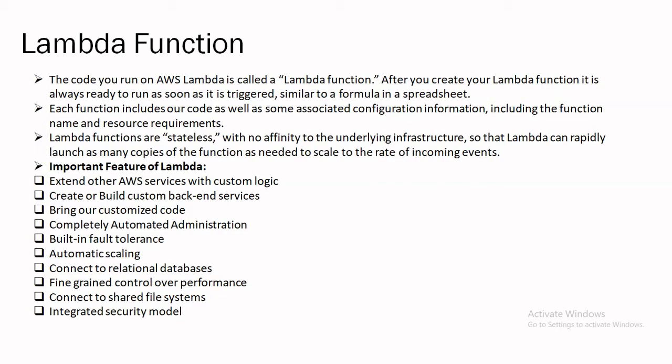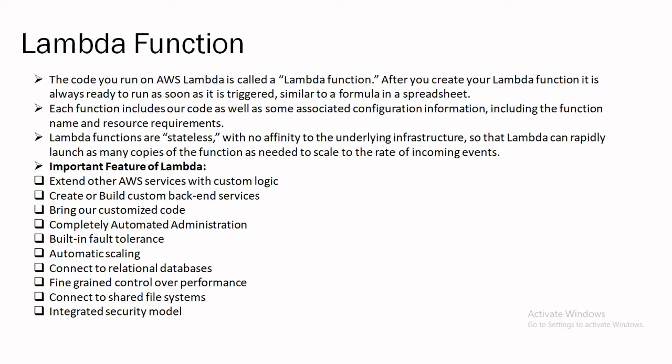Each function includes our code as well as some associated configuration information, including the function name and resource requirements. Lambda functions are stateless with no affinity to underlying infrastructure, so Lambda can rapidly launch as many copies of the function as needed to scale with the rate of incoming events.